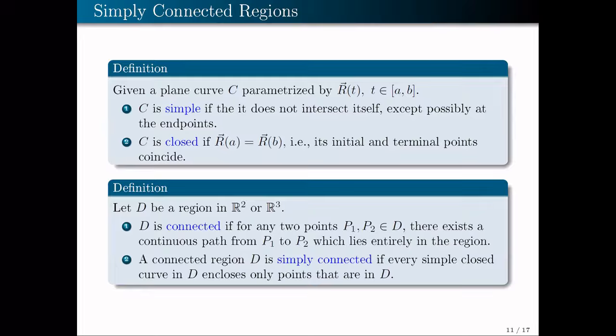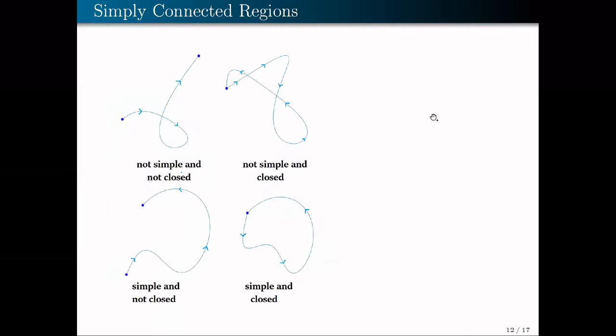Finally, for the definition of a simply connected region, a connected region D is said to be simply connected if every simple closed curve in D encloses only points that are in D. To see these terms clearly, let's go to the next slide.